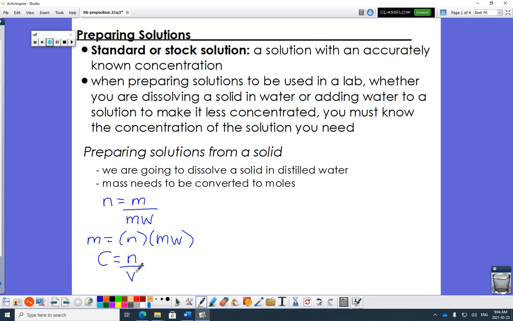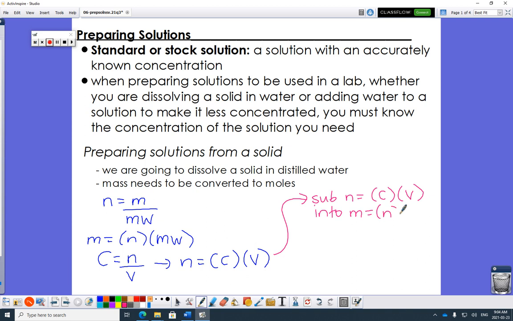So you can do this as 2 steps because there is a common variable, or you can use one big formula. So if I rearrange this, moles is C times V. So you can sub it in.